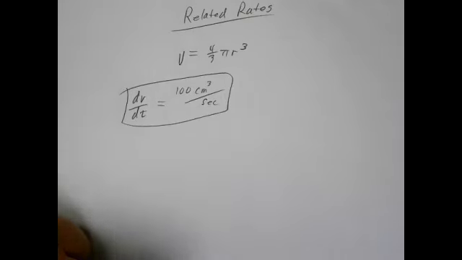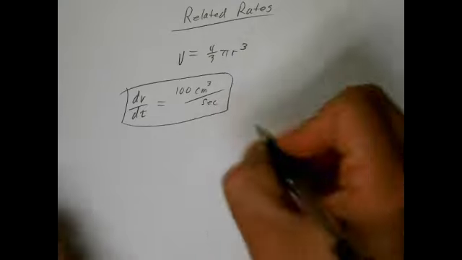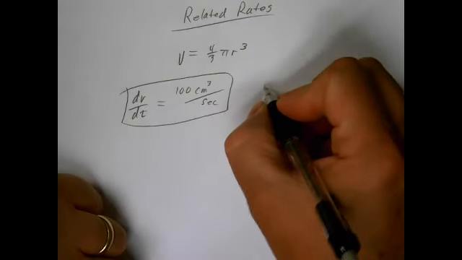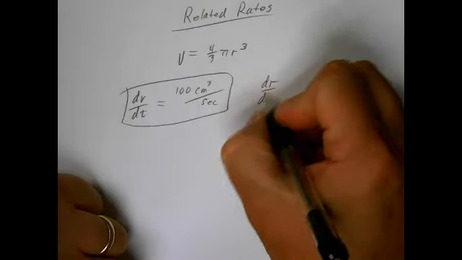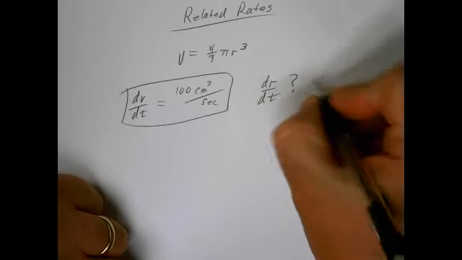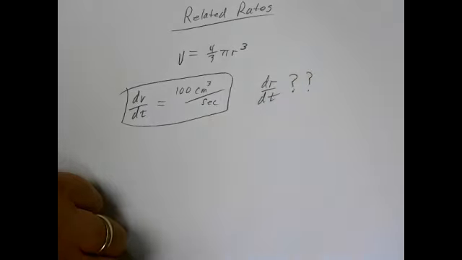And if you were being asked what is the rate of increase of the radius of this balloon, how is the radius changing, then that means that dr/dt is what's being asked for.